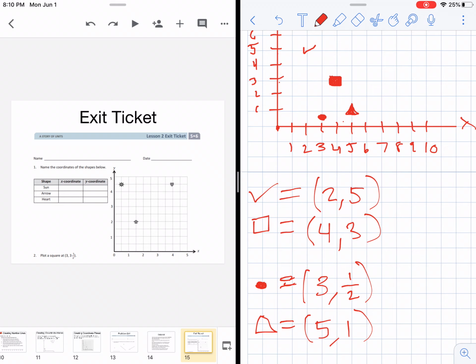So the sun, if you look at the sun, how many spaces over and how many spaces up? Remember, x is over, y is up. X is horizontal, y is vertical. And then number 2, it wants you to plot a square at the point 3 comma 1/2. You guys got this. Good luck.